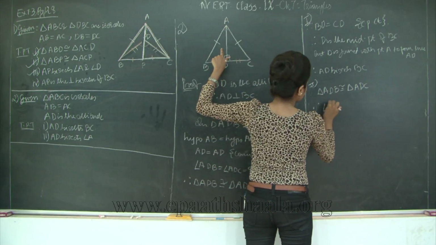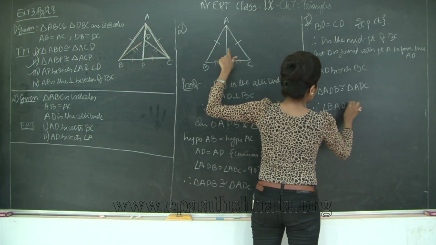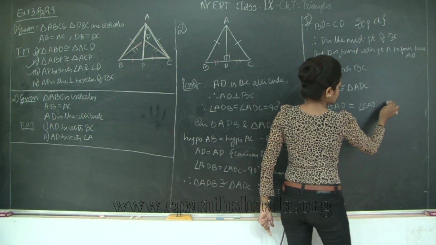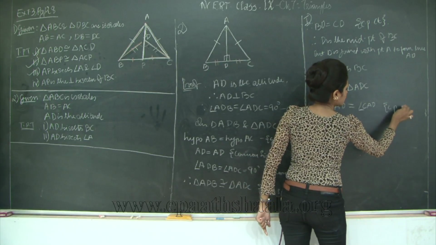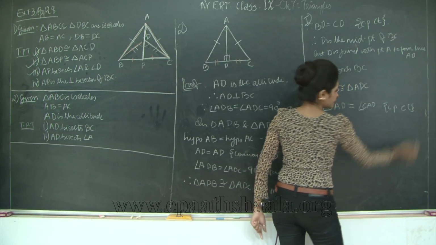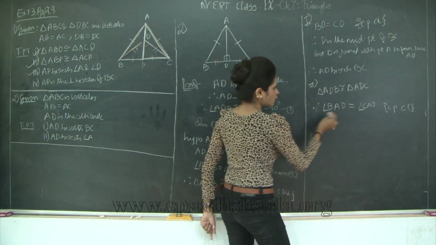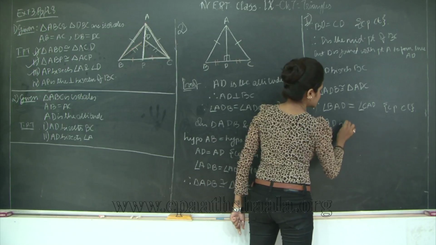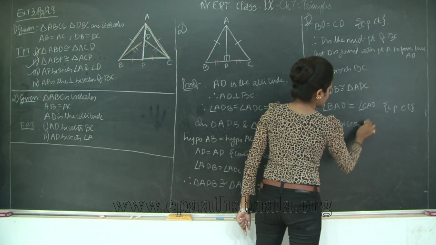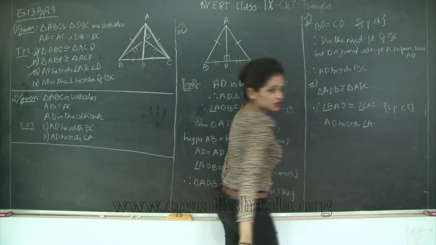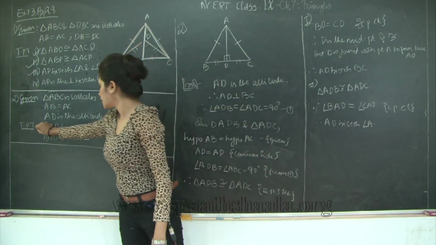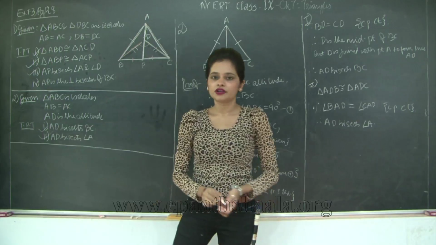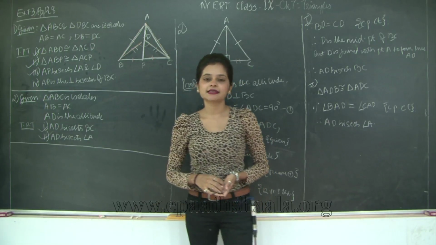Angle BAD is equal to angle CAD. Why? Corresponding parts of congruent triangles, correct? So, what does this imply? That AD bisects angle A. So, both of these are proved. AD bisects BC and AD bisects angle A. So, these were the first two questions of exercise 7.3.